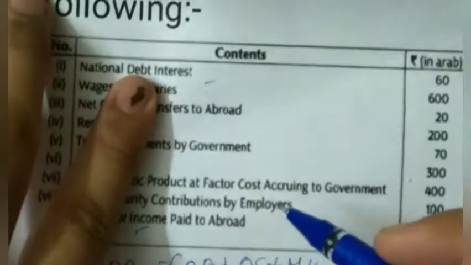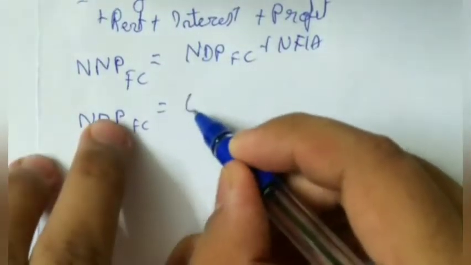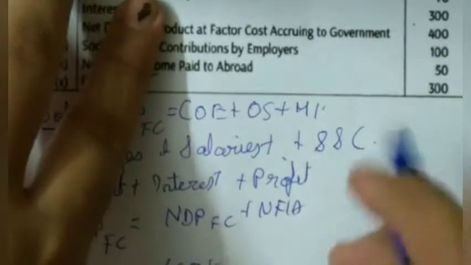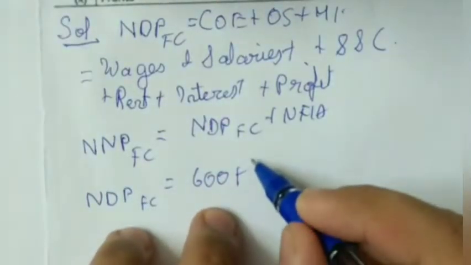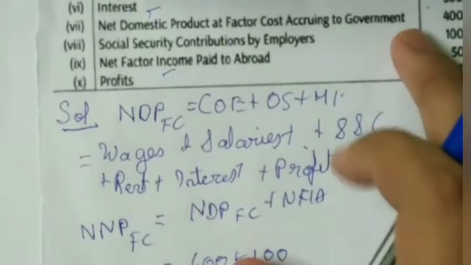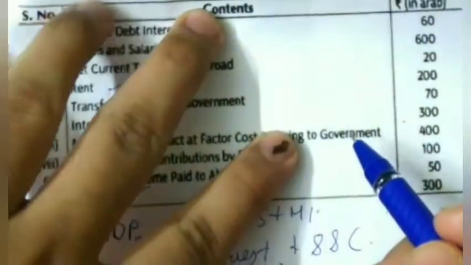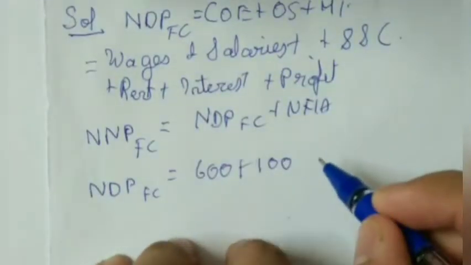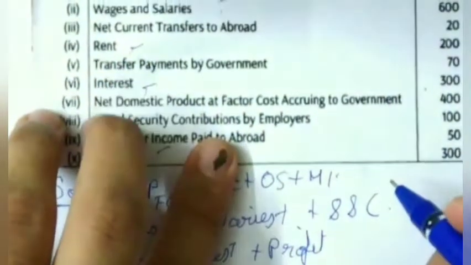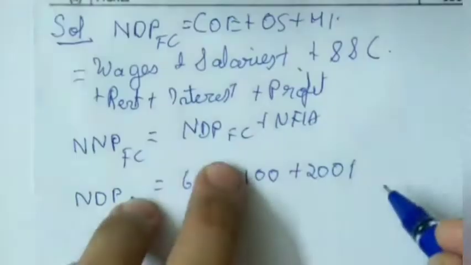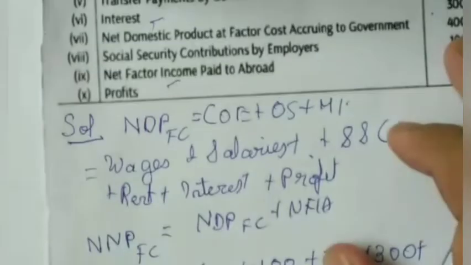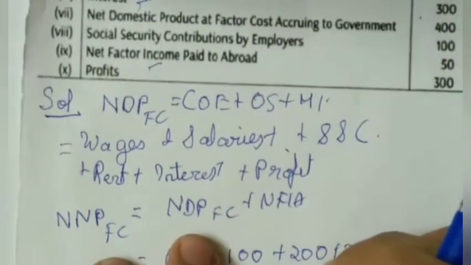NDPFC is equal to wages and salaries first. Wages and salaries is given in our manual as 600 Arab rupees, plus social security contribution is given as 100, plus rent is given as 200, plus interest will be rupees 300, plus profit is rupees 300.